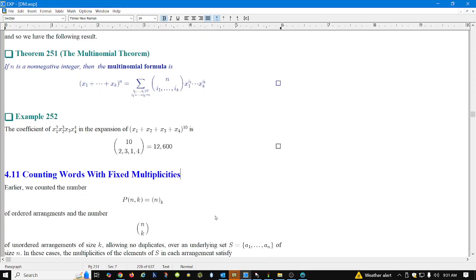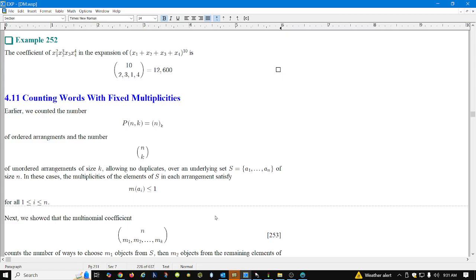Now, the real interest for us in multinomial coefficients is counting things. We've seen it can count the number of ways of dividing a set and so on. We've counted the number P(n,k) of ordered arrangements, that's n lower factorial k, ordered arrangements with no duplicates, right, from a set of size n.